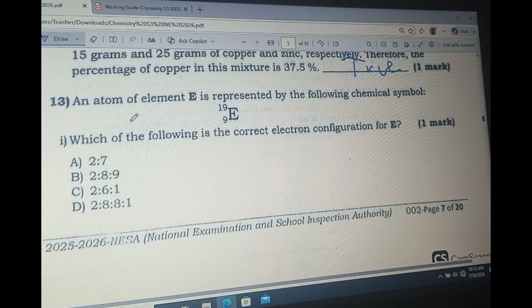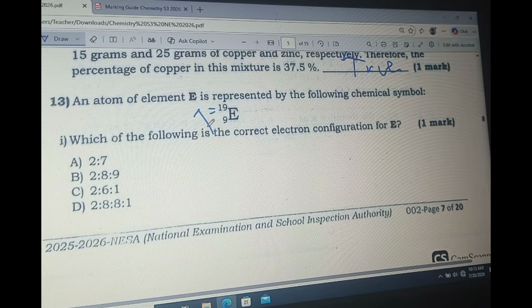Question 13. An atom of element E is represented by the following chemical symbol, with A as the atomic mass and Z as the atomic number.